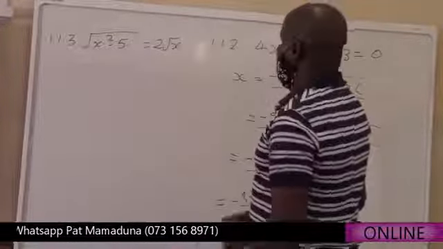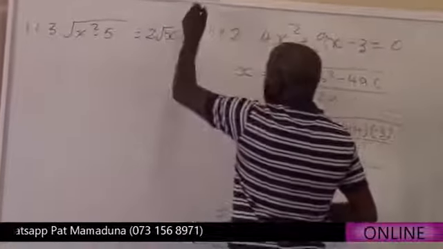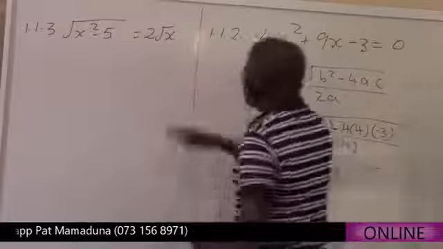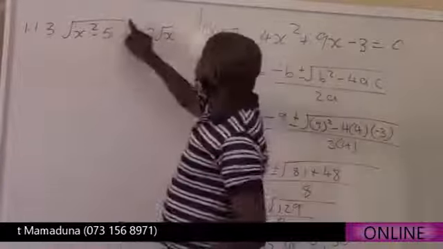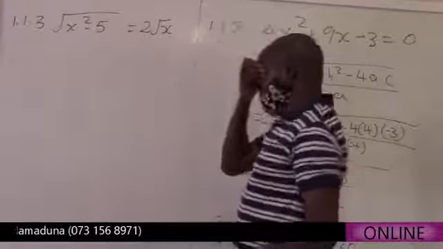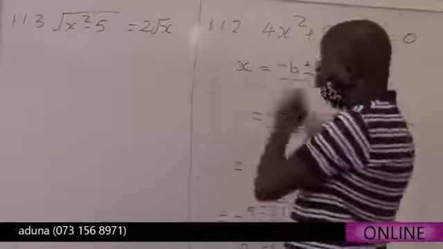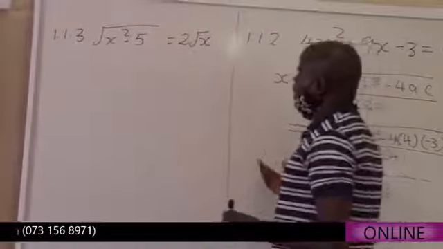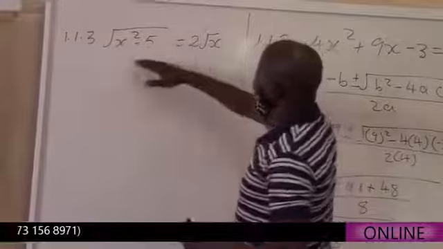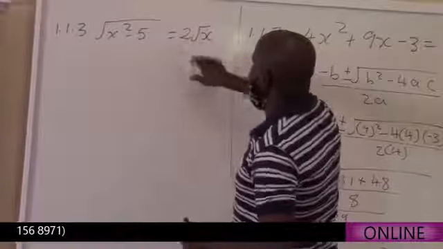What we do with this one is make sure that the square root is on one side, and the other terms without square roots are on the other side. In this case, there is a square root there and a square root here.